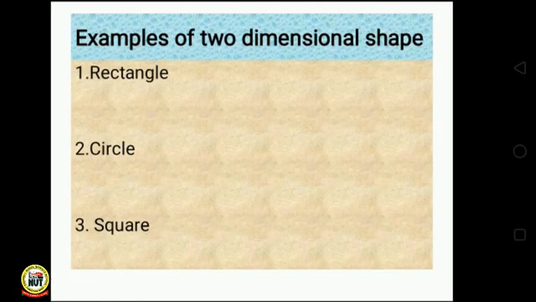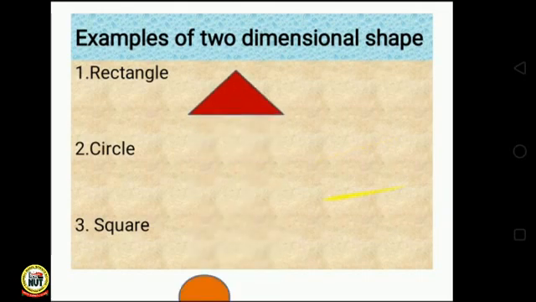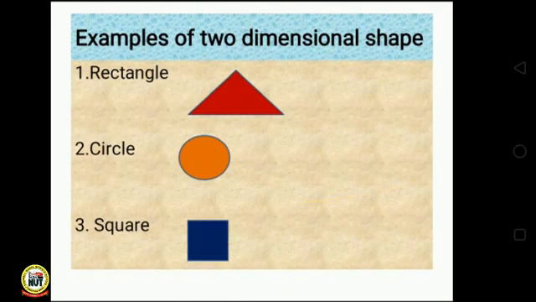The third one we have the square. The square is also an example of two-dimensional shape. The rectangle, the circle, the square. Now let's have the picture, the diagram of a rectangle. So we have a circle, we have the square.